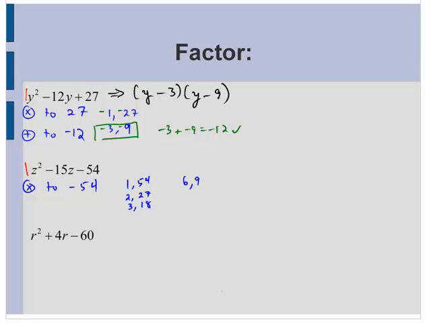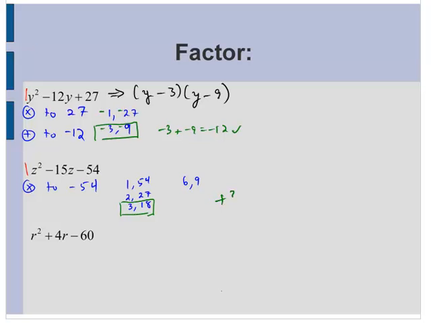Now, remember also that if you're adding with different signs, you actually subtract and keep the sign of the larger. So the only way I can get a 15 out of this would be using the 3 and the 18. But now I have to be careful of the signs. I need a negative 15.